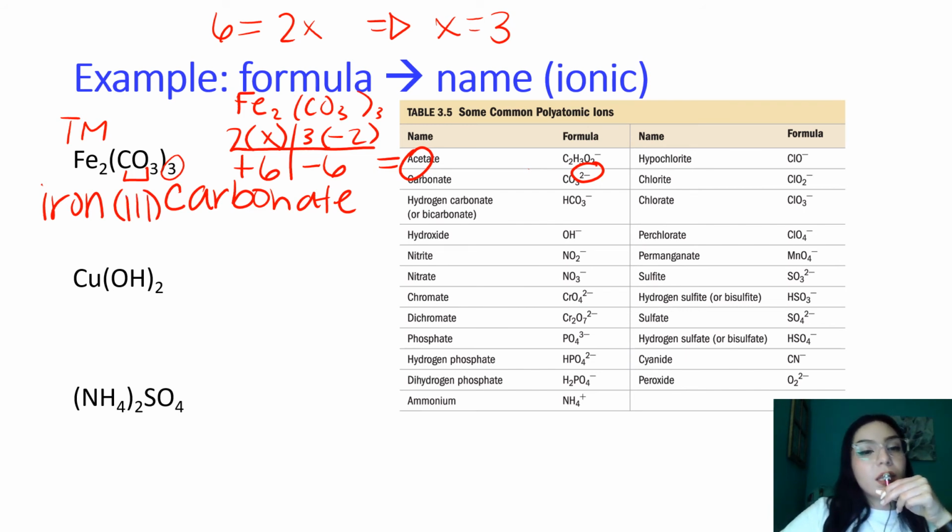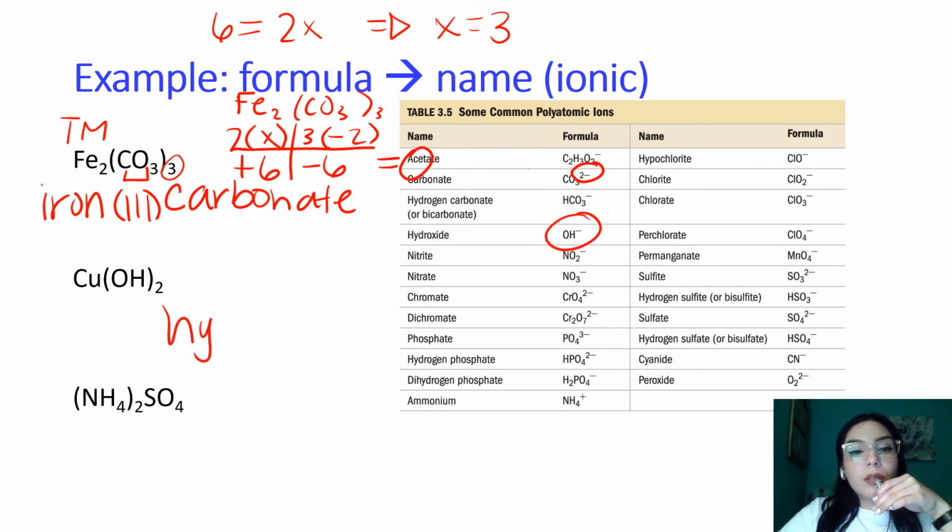Now, in this next problem, we have copper and hydroxide. So copper is a transition metal. So again, we're going to have to do a very similar setup to what we just did for this iron carbonate. So we're going to find out what this polyatomic name is first, and it's actually hydroxide.